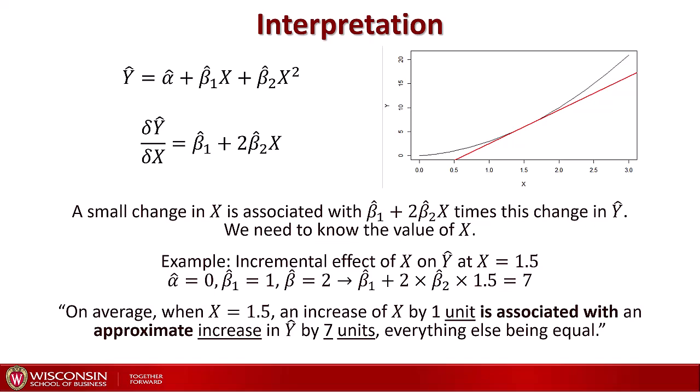So we would say, on average, when x equals 1.5, so we have to say where we are on the x-axis, an increase of x by 1 unit is associated with an approximate increase in y hat by 7 units. Note that I use approximate here. Why? Because we are following the red line on the graph. We are not following the curved line. And of course, we conclude by saying everything else being equal.